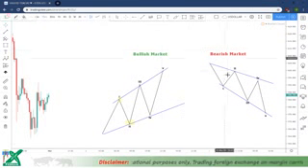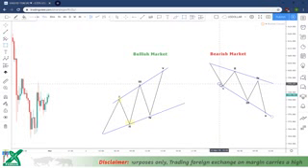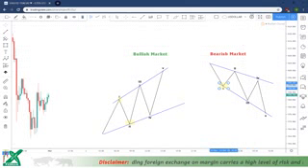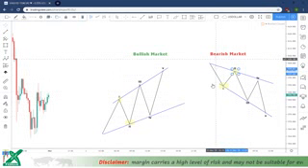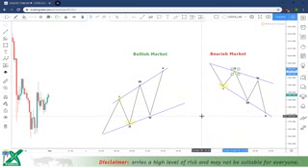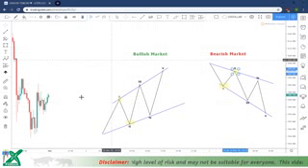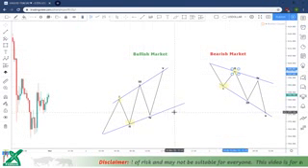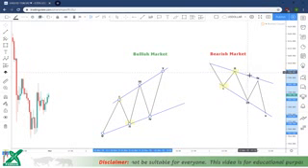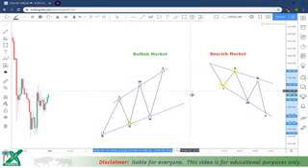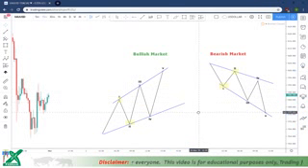These are lower lows and this is a lower high. This is a bearish market structure, and it's also called a trending market. You have a specific direction, to the upside or the downside, so that's why it's called a trending market.